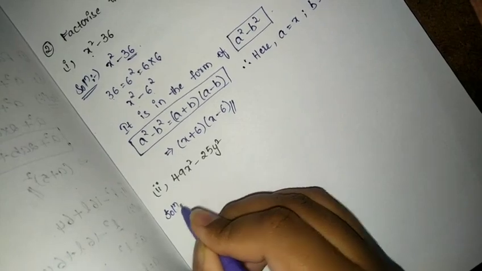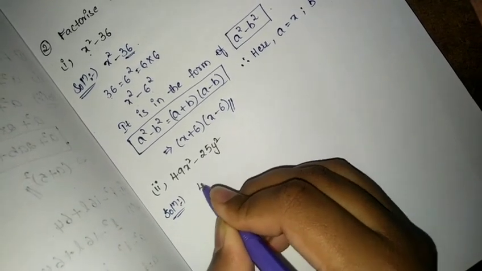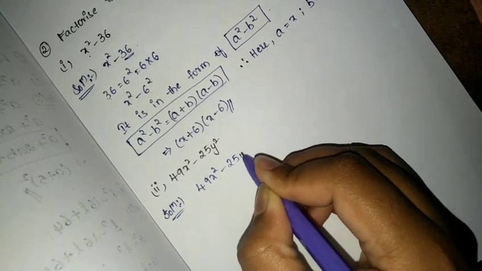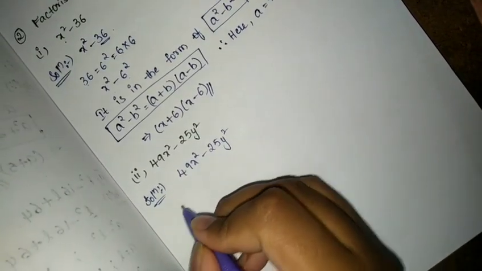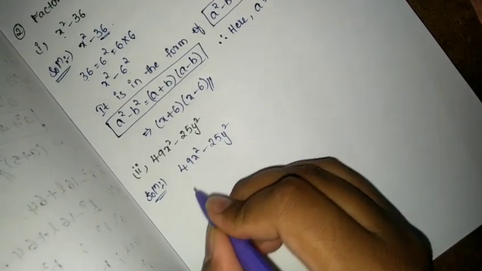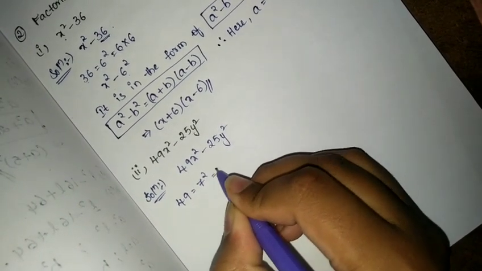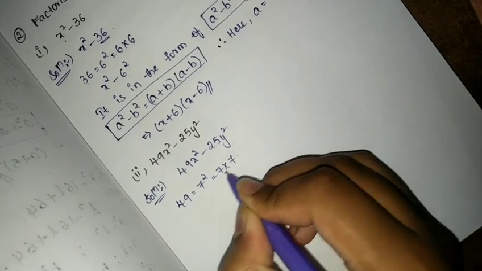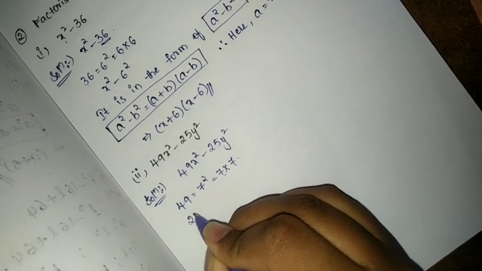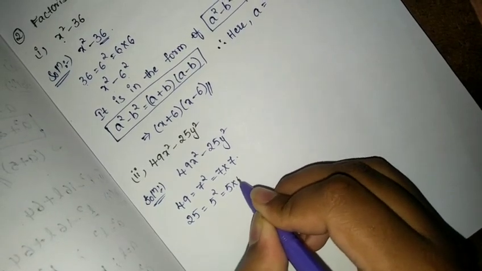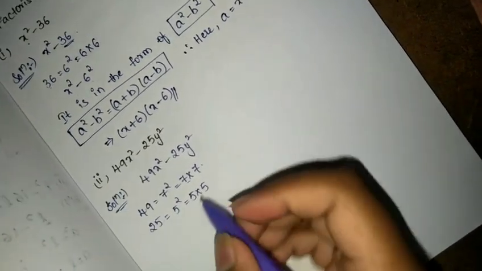Solution for this is 49x square minus 25y square. Here we can write 49 as 7 square, that means 7 into 7, 7 sevens are 49. And 25 we can write as 5 square, that means 5 into 5, 5 fives are 25.